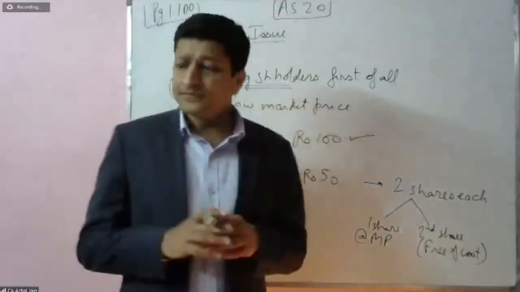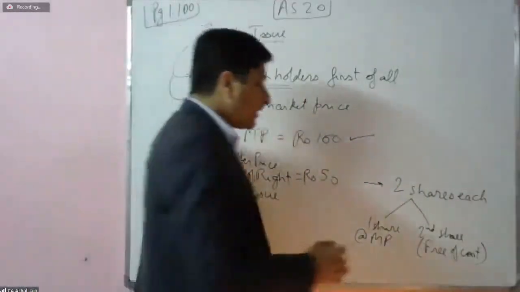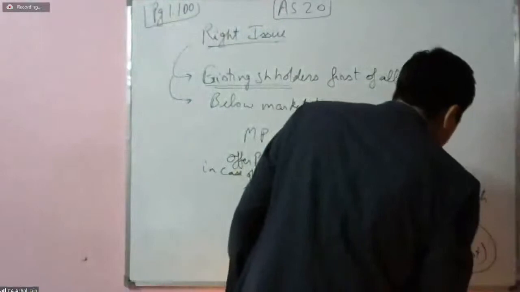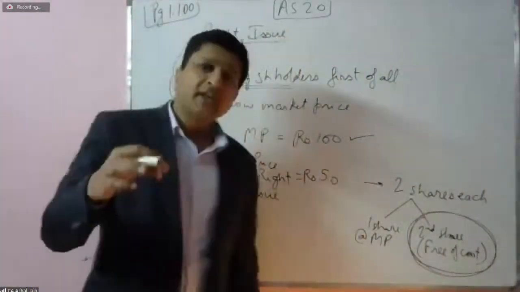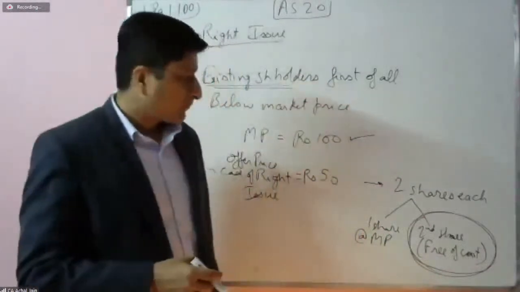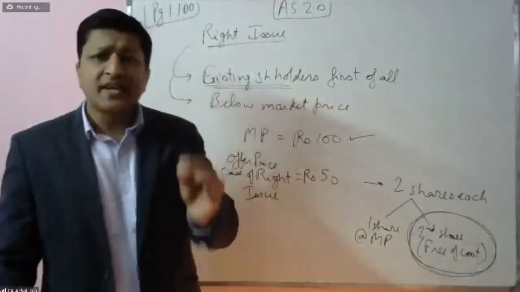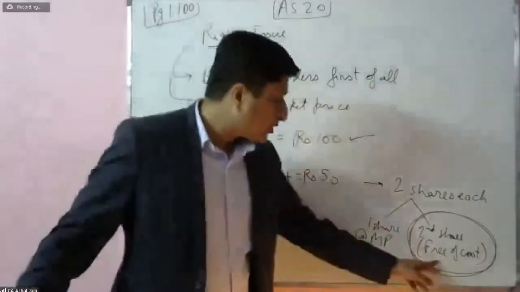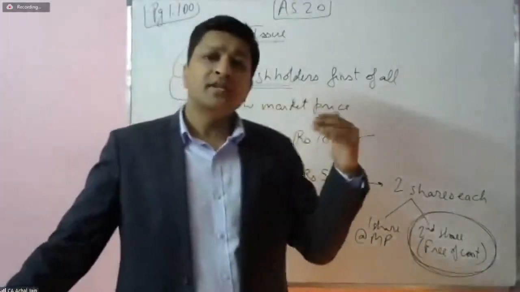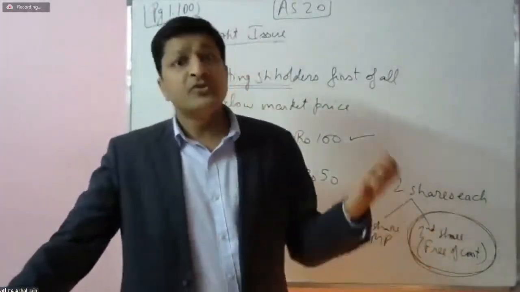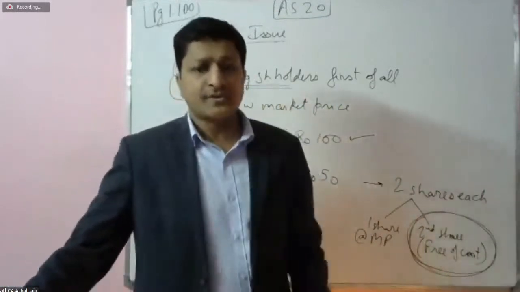Yeah, clear? Now, because of this fact that the bonus shares are also in a way included in the right issue, or you can say some portion of the right issue is exactly similar to the bonus issue, that's why we are required to make similar sort of adjustment which we did in case of bonus issue while computing EPS.